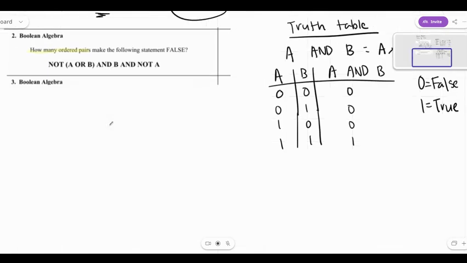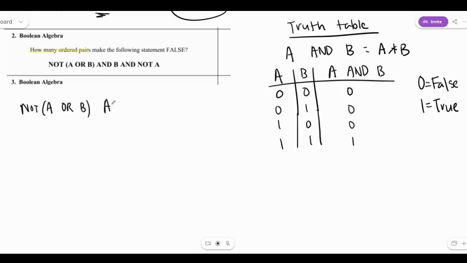Okay, now look at the problem on the right. First, let us simplify this as much as possible. So we have not A or B, and B, and not A. We see that there are two ands in this expression.